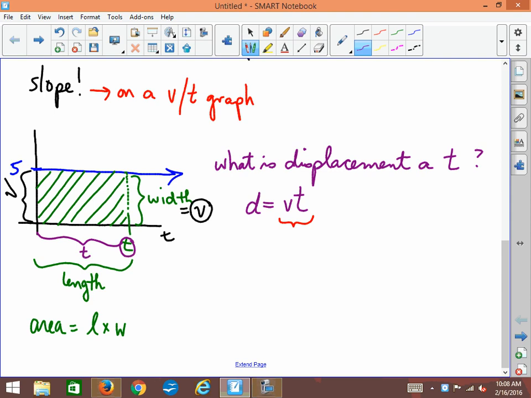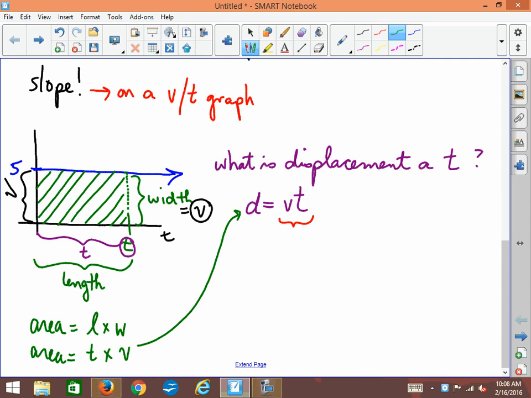And so the area of our graph becomes length is time, and width is displacement. Or sorry, speed. Look on the graph, it's speed. Let's not get too carried away here. Well, what is v times t? V times t is the distance.